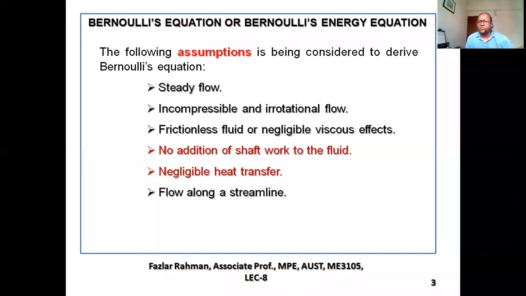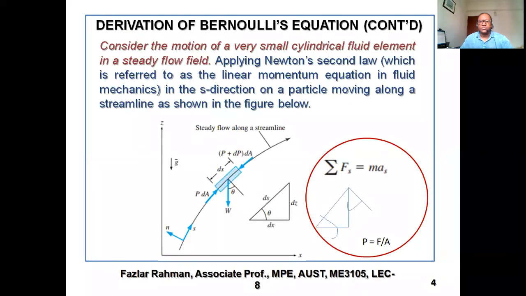There is no additional shaft work to the fluid or by the fluid. Now, we'll derive Bernoulli's equation using Newton's second law. That means you are applying your knowledge of engineering mechanics.